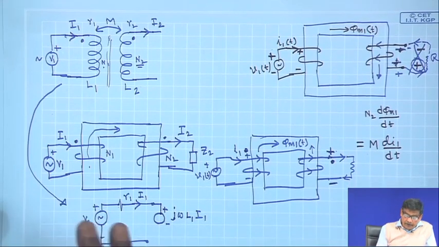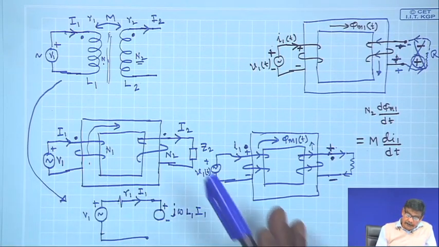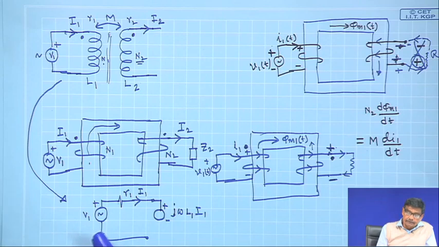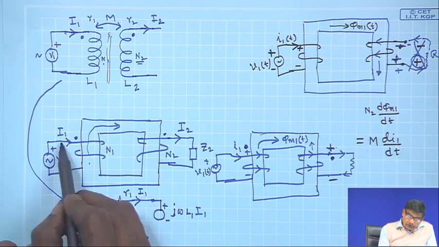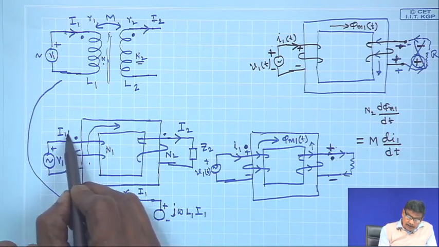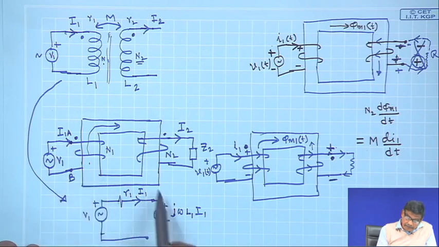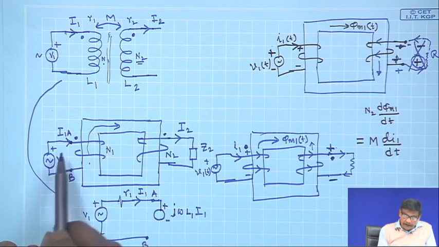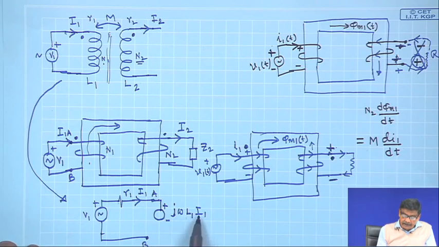But now I have drawn a circuit where both the coils are carrying current and it is like this. Now, between the two terminals, let me call this point A, this point B. So, this is A, this point is B. So, I am certain about one thing, I 1 is the current, L 1 is the self inductance.